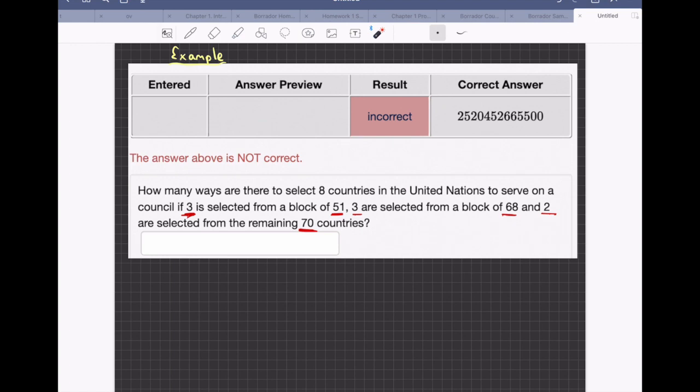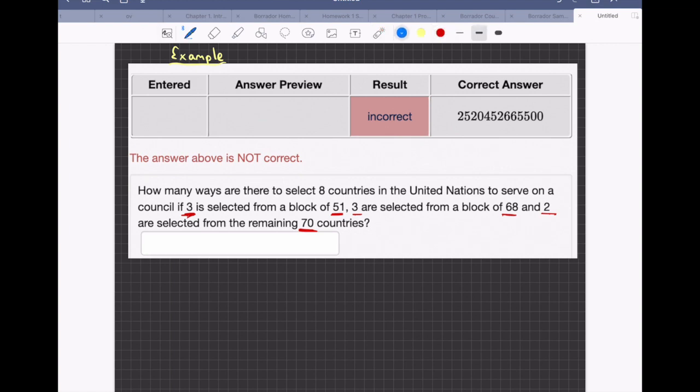But how do we know whether it is permutations or combinations? Well, if the order doesn't matter, if it doesn't specify anything else as to how the elements must be selected, then it is very likely you will have to use combinations.